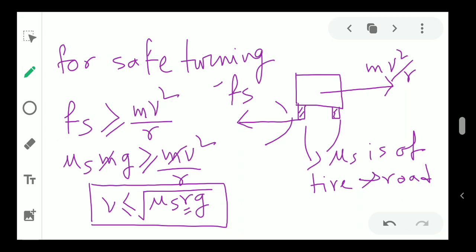So the velocity in the bends will be very slow, so there will be a lot of traffic jam in such situations. So we have a different arrangement for that, and we call this banking.